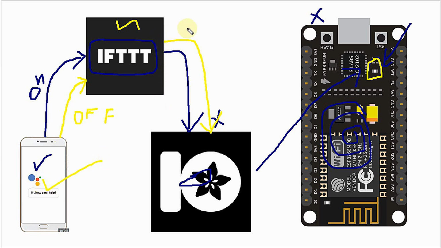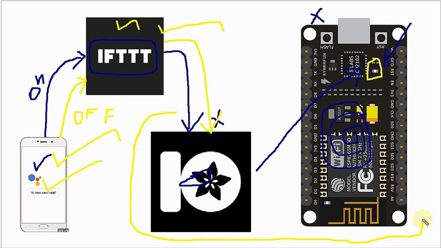So in this video, the two things that we are going to do are to configure IFTTT and Google Assistant. The part that we have done in the previous video will remain unchanged. We are not going to change any script that we did previously.